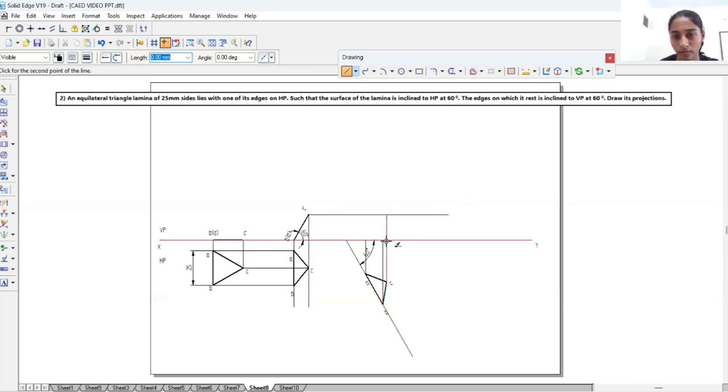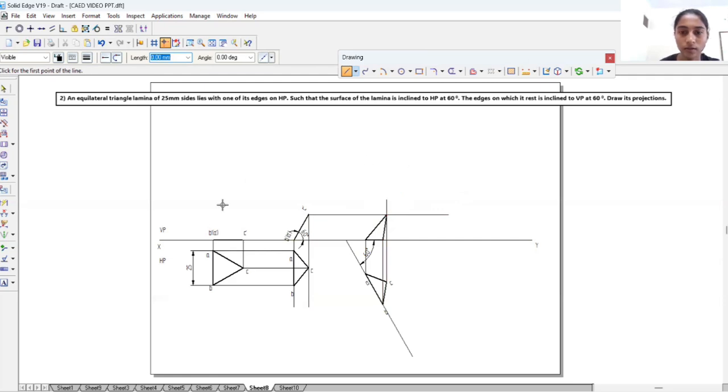This one we have to increase a little bit, then we will trim this line. Now we will choose the line option again of 0.50 thickness. Then we will draw a triangle from here to here at the A point, from here to here, up to the B point, and last we will leave at the C point.